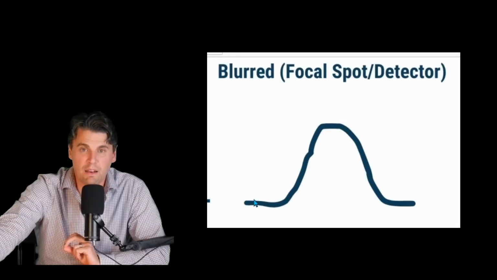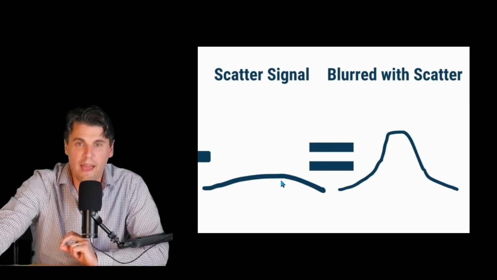In reality, when you have the blurring, you can see the function looks something like this, where it gets blurred out. Then if you add that background haze, what we call a low frequency signal that we're adding to the background due to the scatter, the contrast for our object is reduced a little bit.